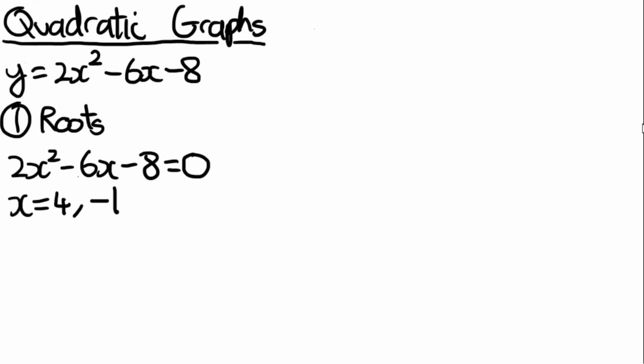So therefore we know that the roots exist when x is equal to 4 and when x is equal to minus 1. Now here there are two solutions for x. There can be one solution for x, and that would be where there is one root, or there could be 0 solutions for x when it has the i on the calculator, and that's when it has 0 roots.